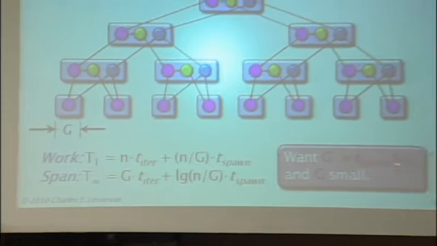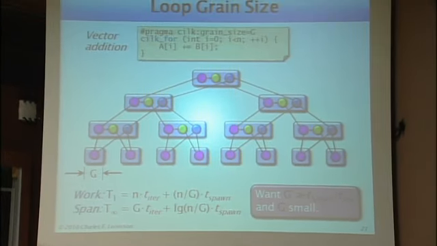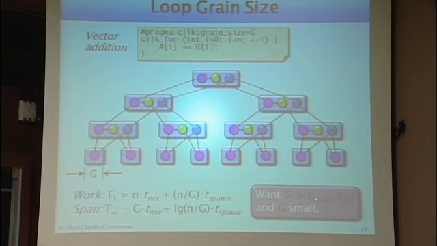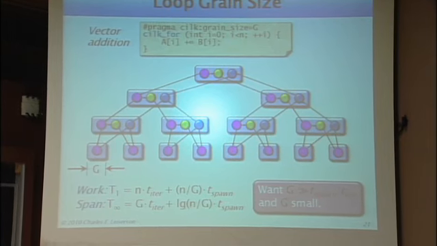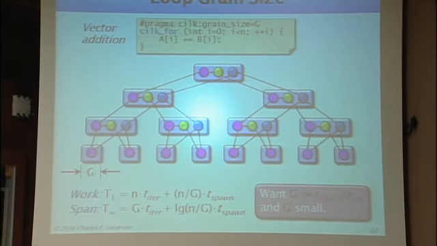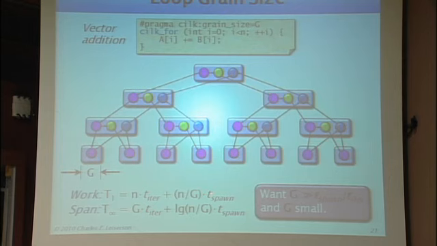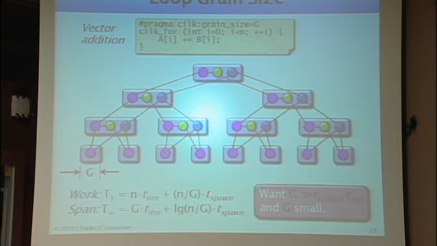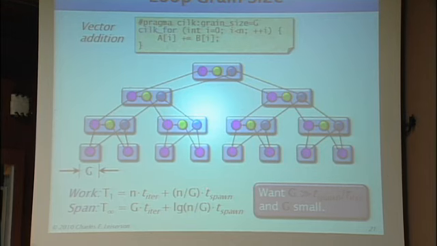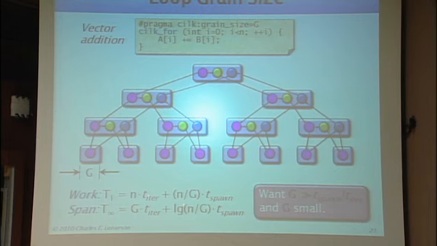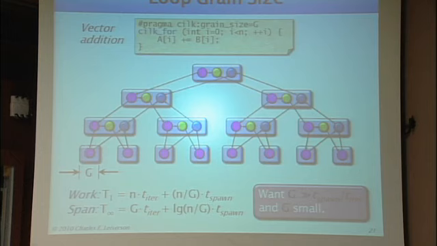So let's analyze this a little bit. From this term, I want g to be bigger; from this one, I want g to be small. But what I would like here is to make it so that this term dominates this term. If the first term dominates the second term, then the work is going to be the same as if I did an ordinary for loop, to within a few percent.